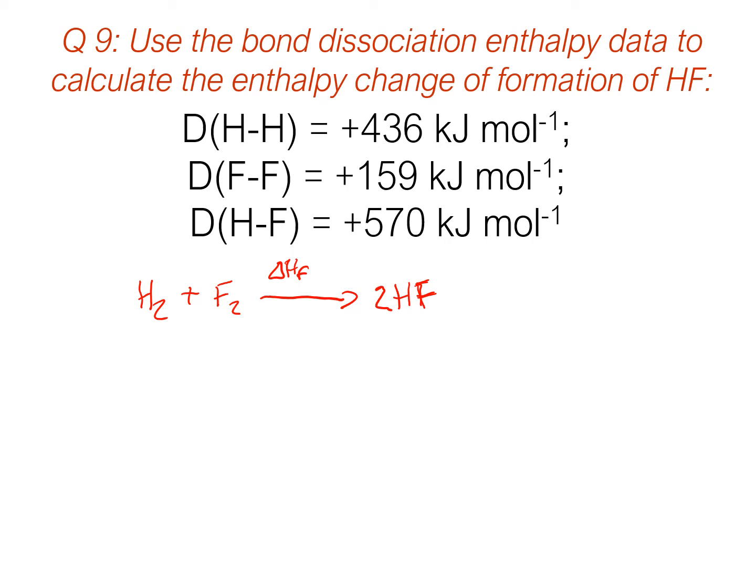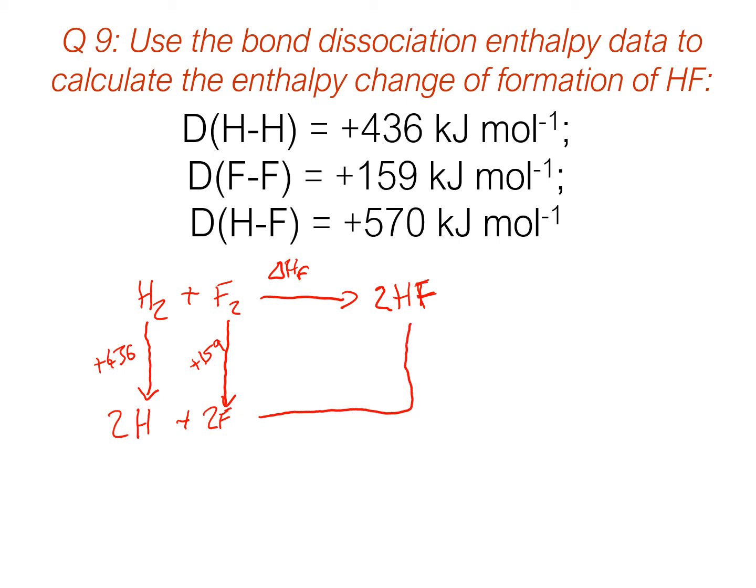So let's look at the individual steps of the reaction. First off, the molecular hydrogen is going to break up into 2 hydrogen atoms, and this is 436 kilojoules per mole. The same is going to happen with molecular fluorine to make 2 fluorine atoms, and this is with a bond dissociation of 159 kilojoules per mole.